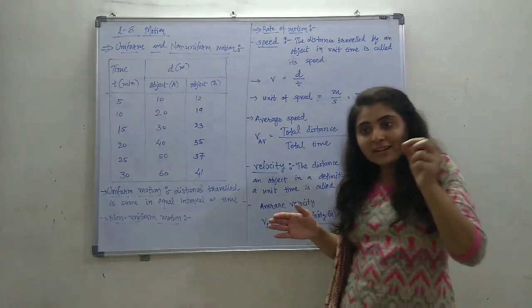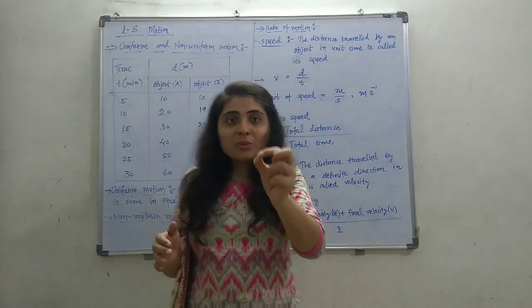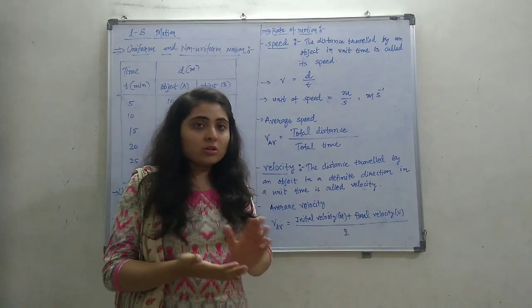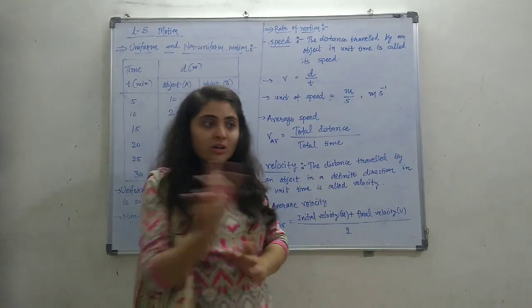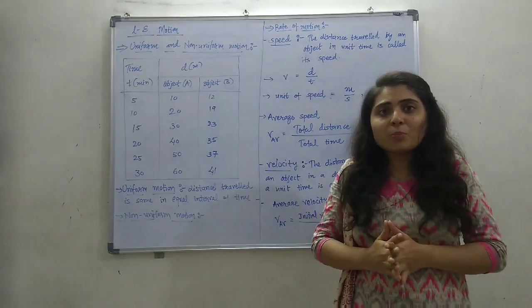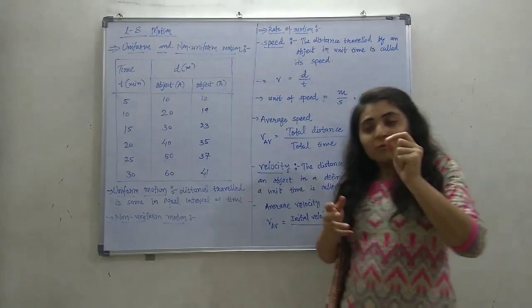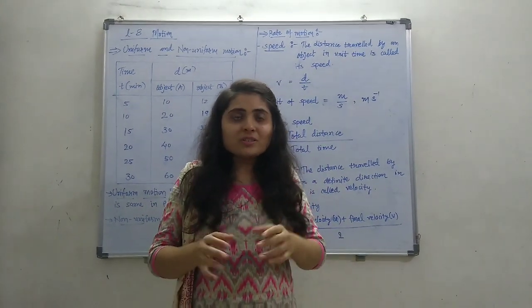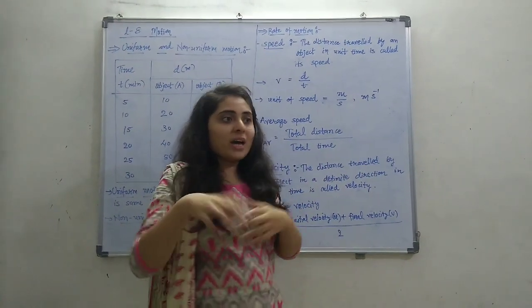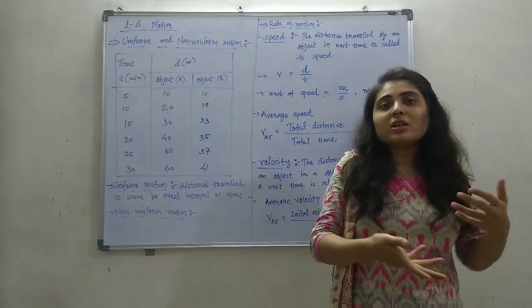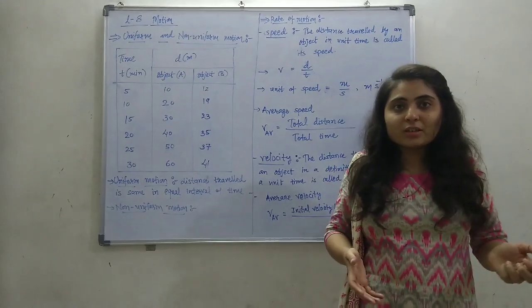So your speed is not the same during the whole motion from home to school. If I ask you to tell me a single speed at which you traveled when you were coming to school, you simply cannot say one number. And if I still ask, would you say all the speeds, that near home I traveled at this speed, then on the highway at this speed, then in this area at this speed?